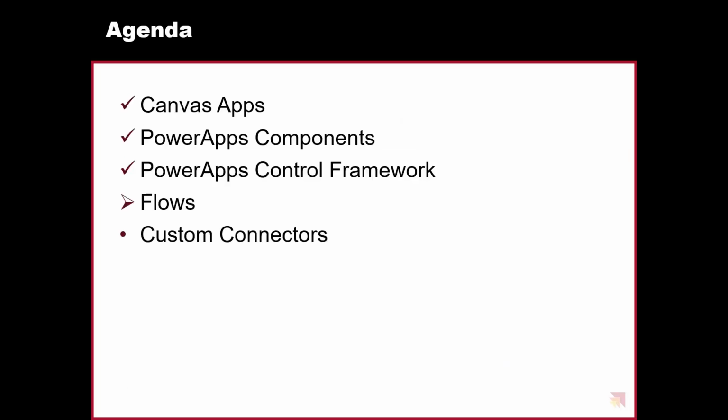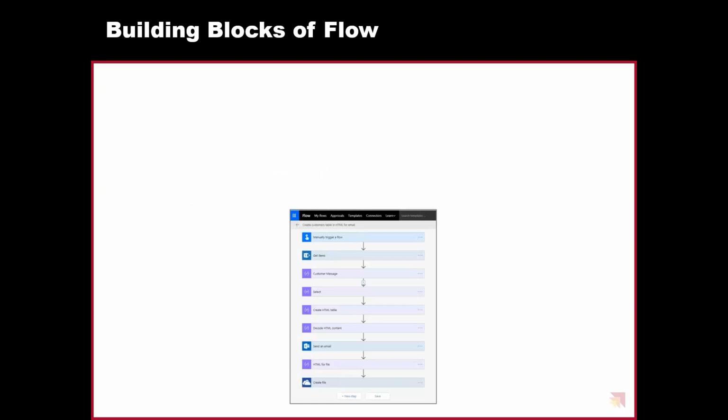Okay, now let's move into working with Flow, and then also talking about custom connectors. What we want is to be able to use Flow to automate various business processes. Maybe to take a bunch of data from a SharePoint 2010 site and migrate it to a SharePoint 2019 site. The idea of Flow is that you have triggers.